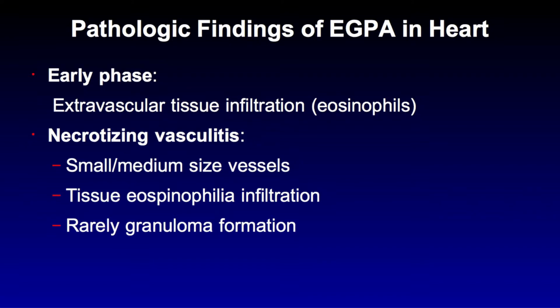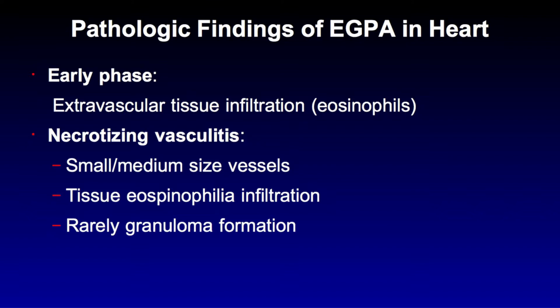So I mentioned the pathology. We have certainly been trying to find the eosinophils in the heart to justify the diagnosis, although, just like any other inflammatory cardiomyopathy, it's actually very, very difficult.